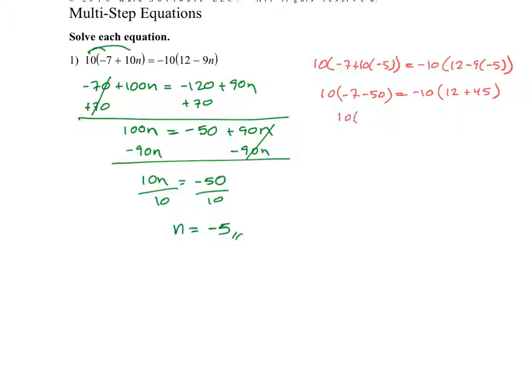So 10 times negative 57 equals negative 10 times 57. So this is negative 570 equals negative 570, right? And now, because on my check both of them are equal to each other, that means that that's the solution of my exercise.